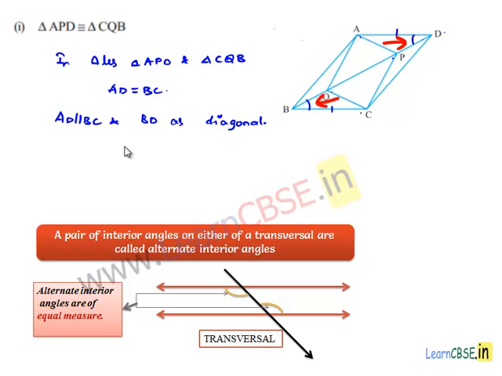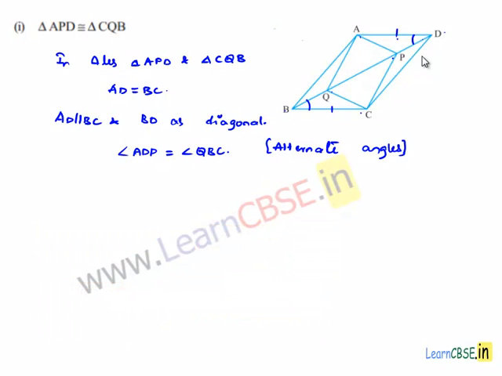So we can say angle ADP is equal to angle QBC, as they are alternate interior angles. Now he has already given that BQ is equal to DP.